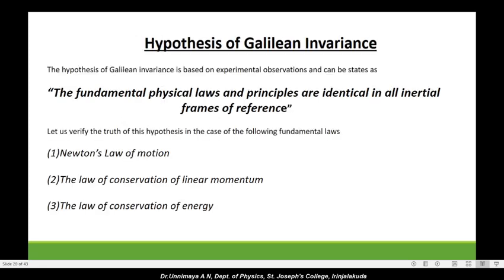Okay. So now we move on to the hypothesis of Galilean invariance. The hypothesis of Galilean invariance is based on experimental observations and can be stated as follows: the fundamental physical laws and principles are identical in all inertial frames of reference.